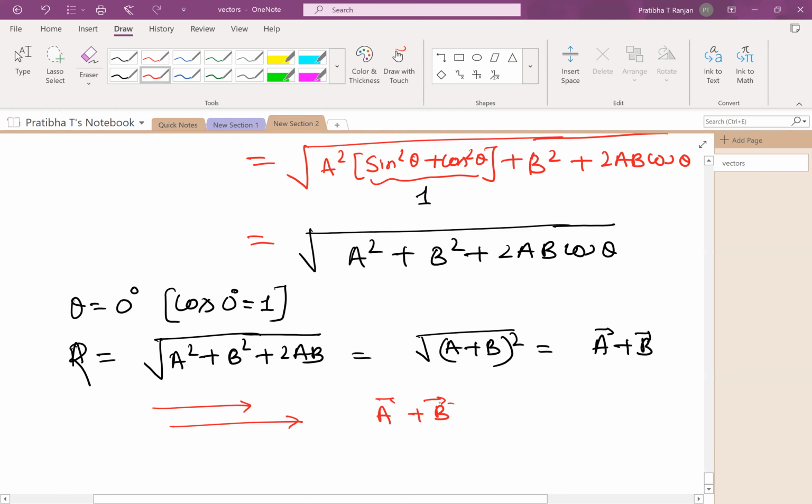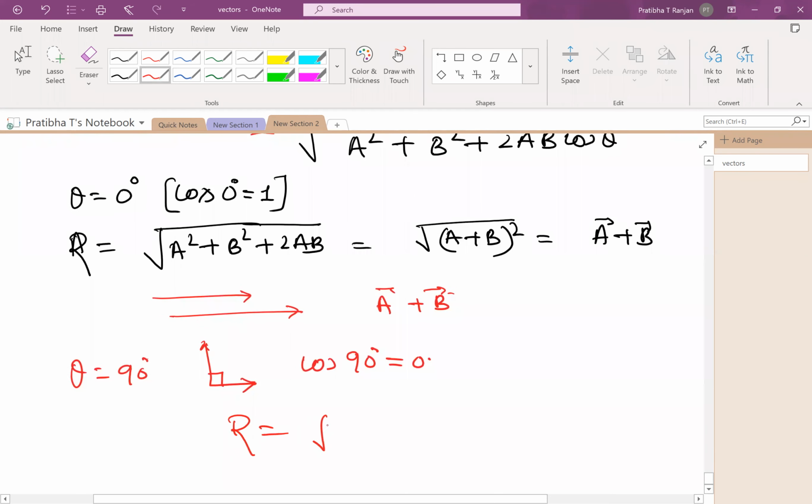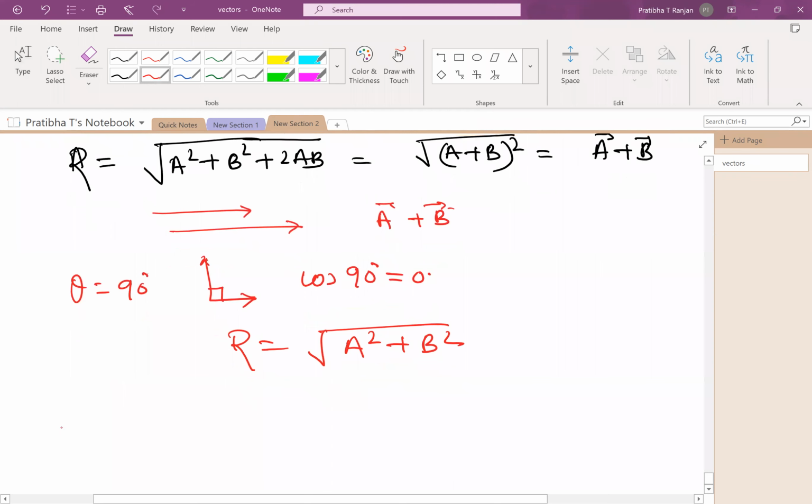Got it? If theta is equal to 90 degrees, they are perpendicular like this. Cos of 90 is equal to 0, so my resultant will be simply a squared plus b squared. And if theta is equal to 180 degrees, the vectors are in the opposite way, so cos of 180 equals minus 1.